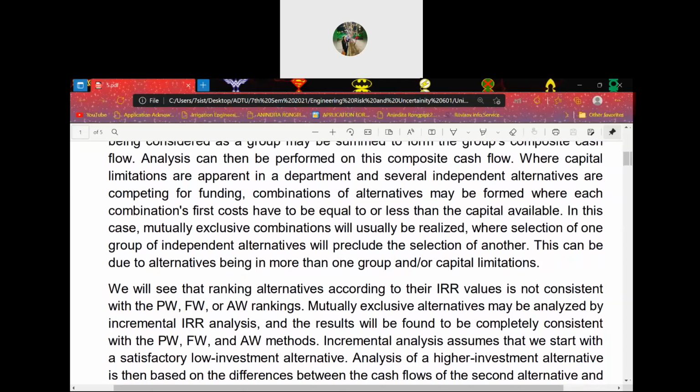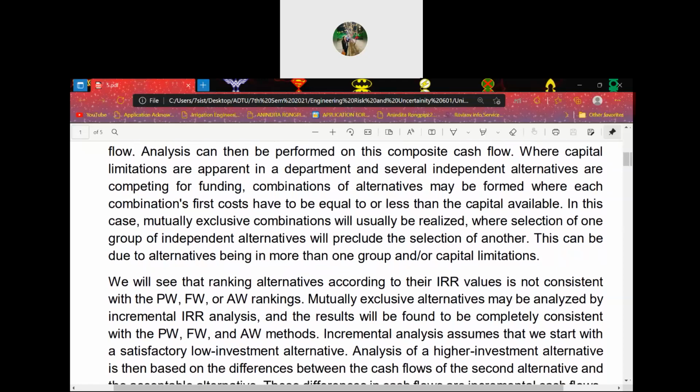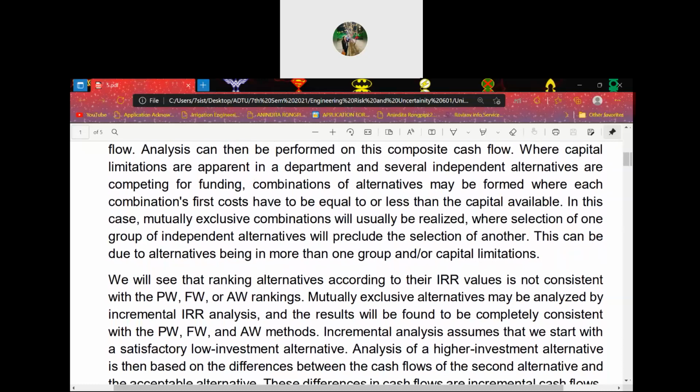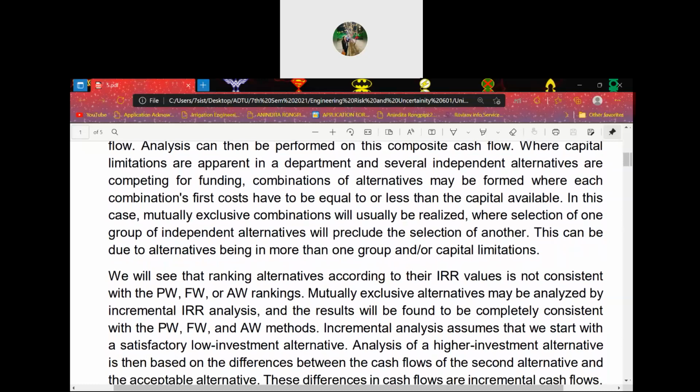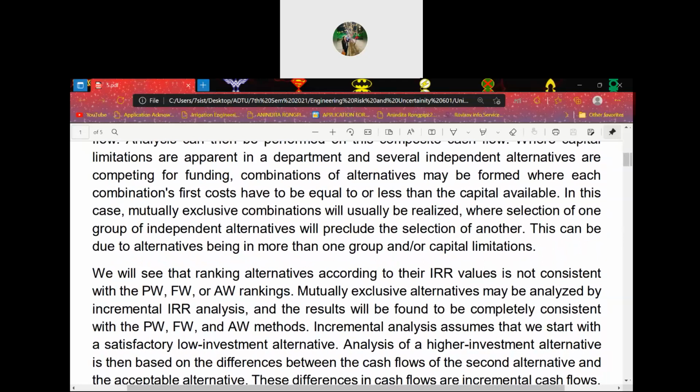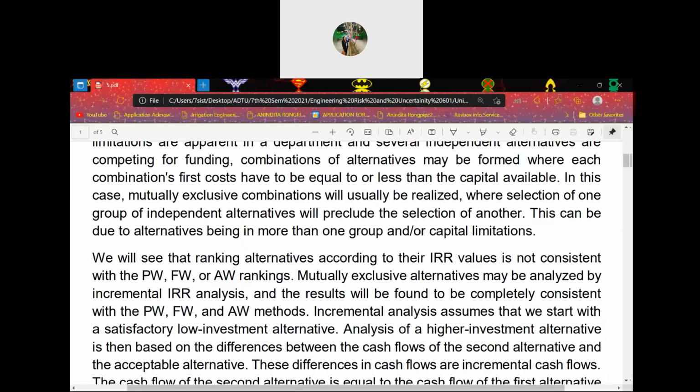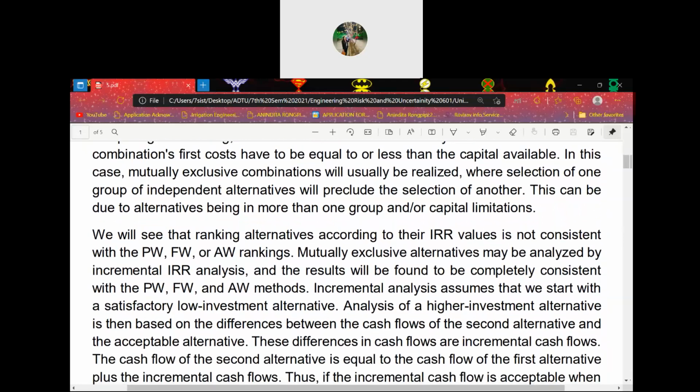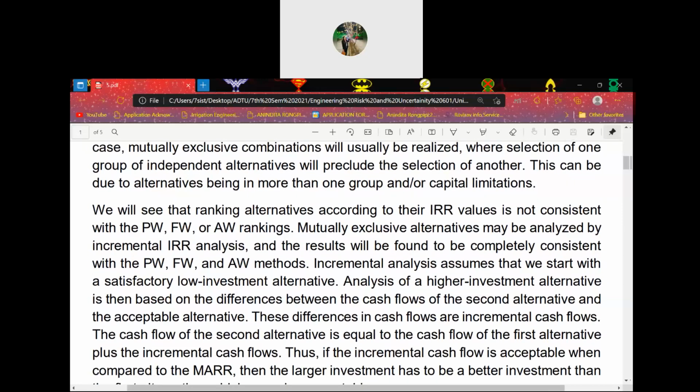Incremental analysis assumes that we start with a satisfactory low investment alternative. Analysis of a higher investment alternative is then based on the differences between the cash flow of the second alternative and the acceptable alternative. These differences in cash flows are incremental cash flows, and the cash flow of the second alternative is equal to the cash flow of the first alternative plus the incremental cash flow.